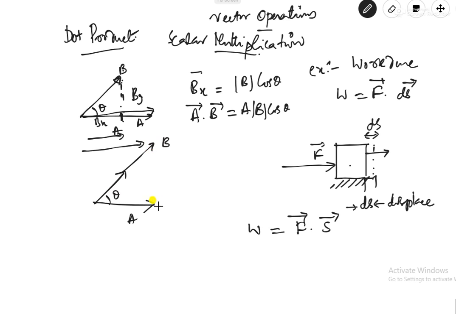It is not necessary that every time this is projected onto this. You can project this one on this also. So A projected on B is A cos theta.